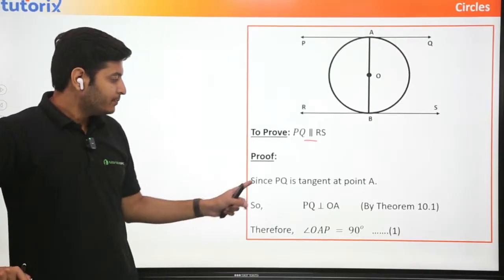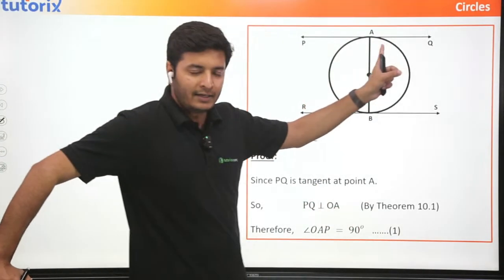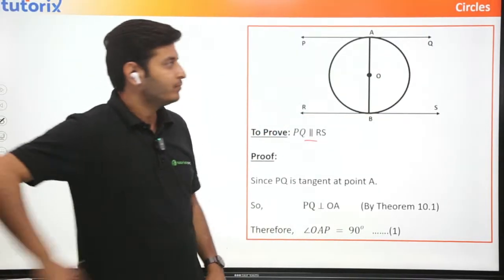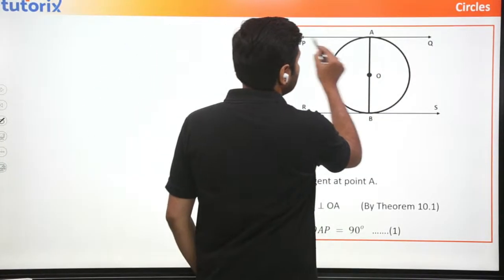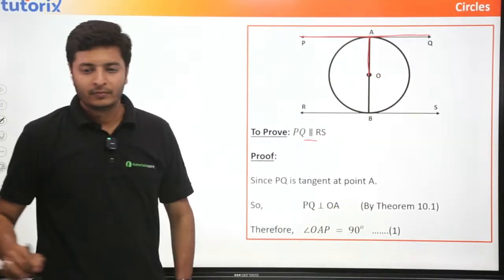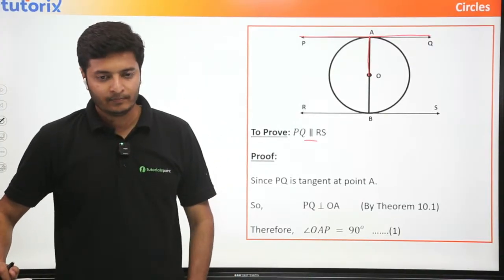First, since PQ is a tangent at this point A, PQ is perpendicular to OA. Why? PQ is a tangent, and OA is the radius.